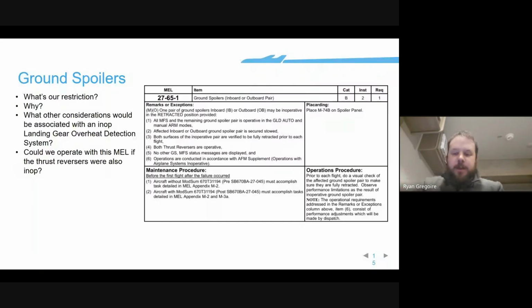All right, as stated, our major restriction here is that we need to ensure that both thrust reversers are operative. So neither thrust reverser could be inoperative if we want to dispatch legally with one set of ground spoilers being inoperative.